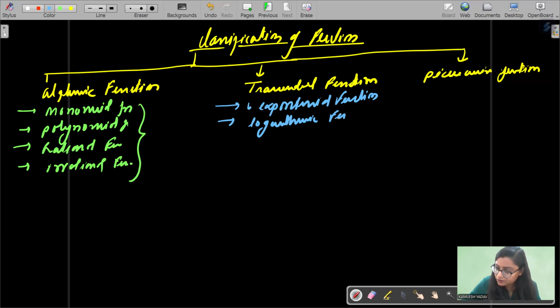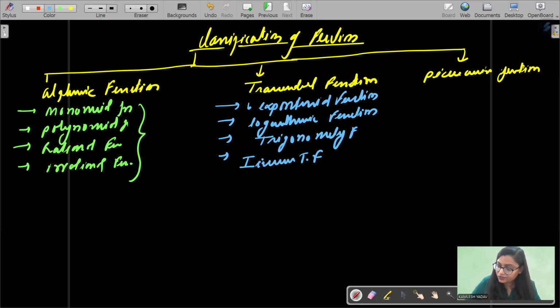Next one is trigonometric function, and next one is inverse trigonometric function. And another form of transcendental function is geometric curve.